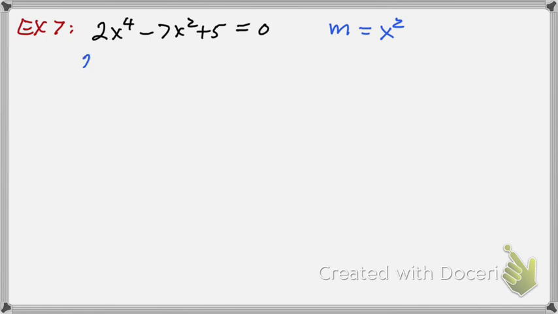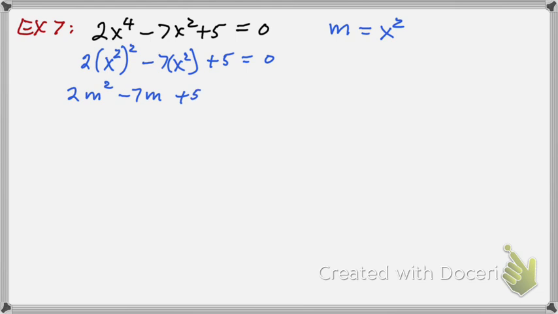And this is really 2 times x squared minus 7 times x squared plus 5. Just rewriting it. So when I substitute m in there, I'm going to get 2m squared minus 7m plus 5 equals 0.